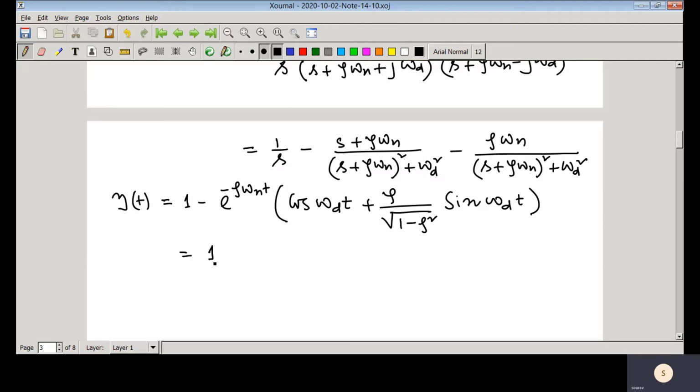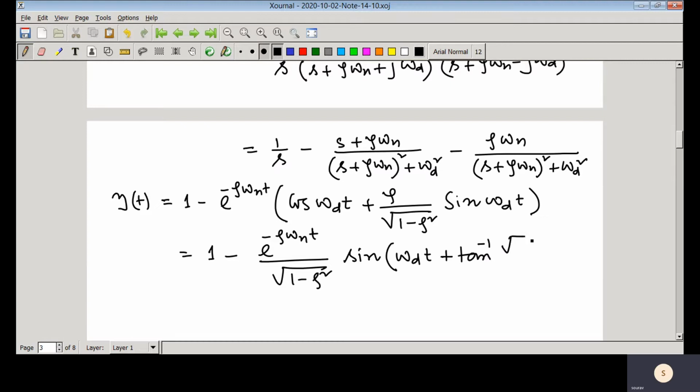If you simplify this, you have y(t) equals 1 minus e to the power minus zeta omega n t divided by square root of 1 minus zeta square, and sine of omega d t plus tan inverse of square root of 1 minus zeta square by zeta, and this is for t greater than or equal to 0.